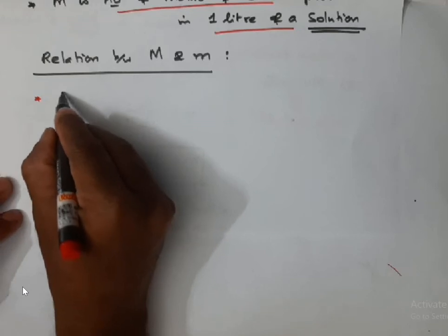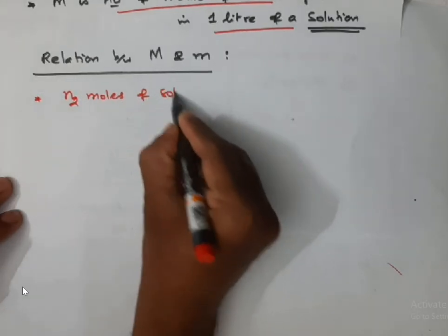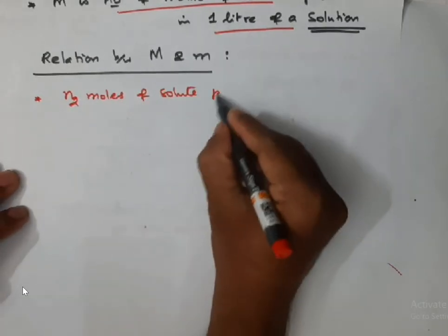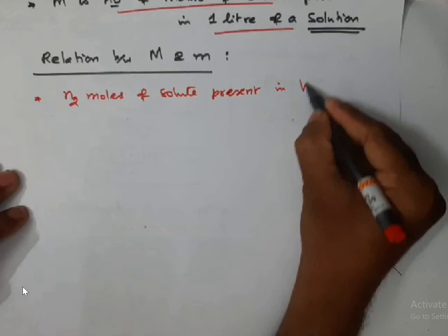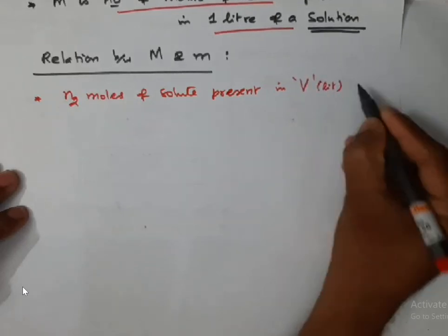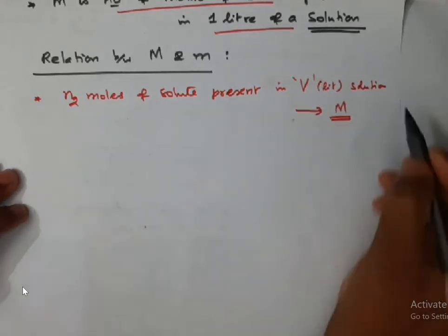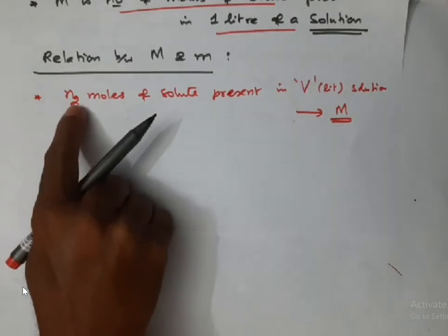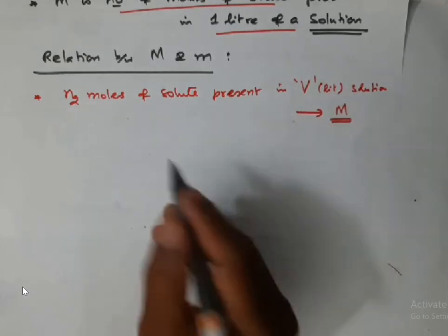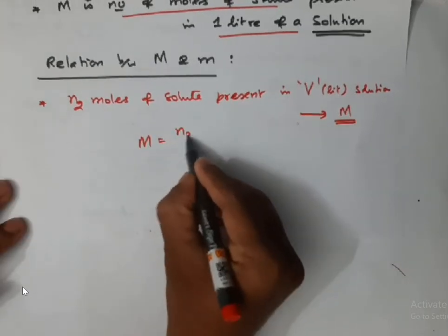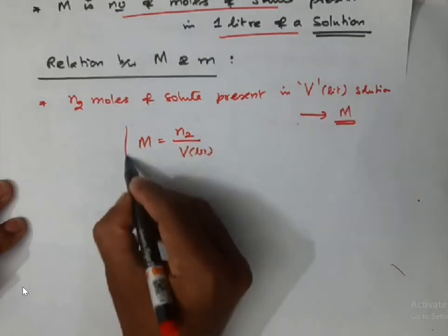Say N2 moles of solute present in V liter of solution, which gives a molarity M, right? So molarity is nothing but number of moles of solute divided by volume of the solution in liter, that we know, right?